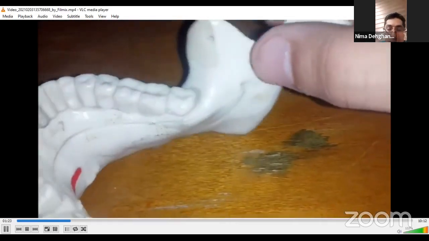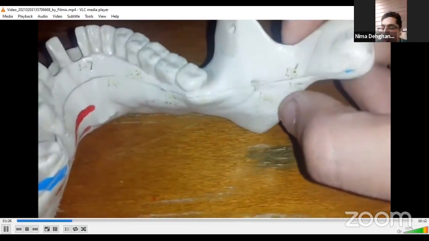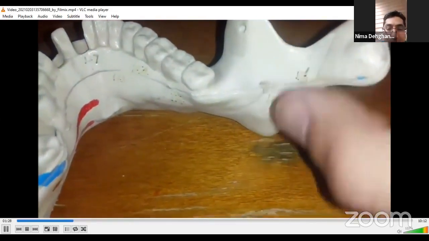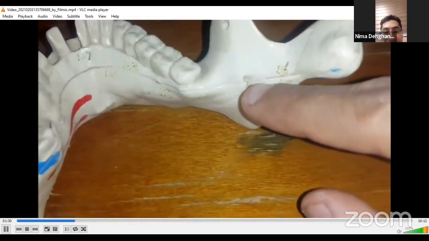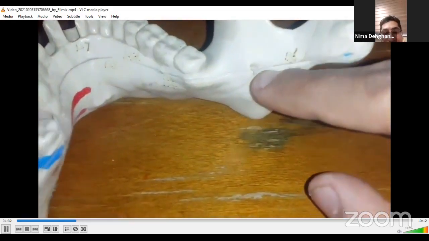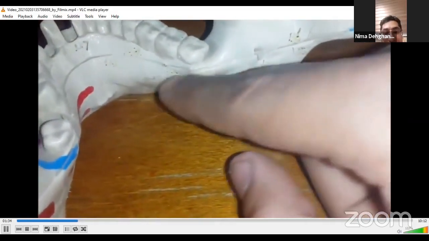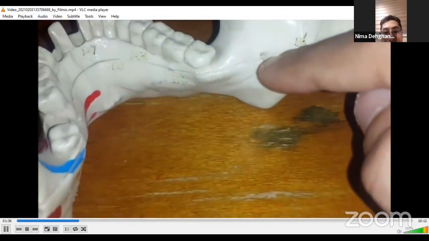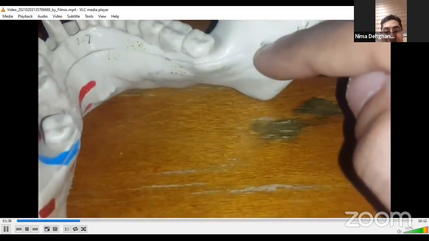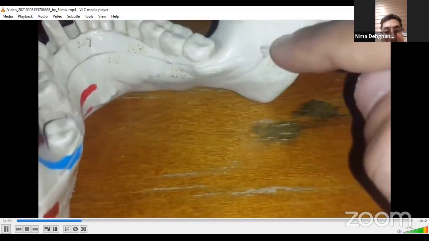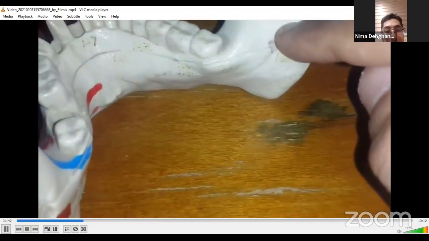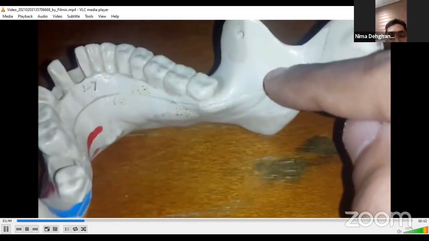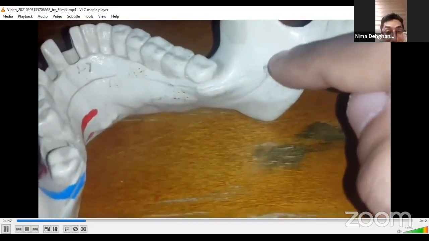As described earlier, the target of the block is to place local anesthetic just above the mandibular foramen. This foramen is the entrance of the mandibular canal. The inferior alveolar nerve enters the mandibular foramen, so by injecting local anesthetic solution above this foramen, we ensure that the local anesthetic penetrates the inferior alveolar nerve as well as the lingual nerve in most cases.